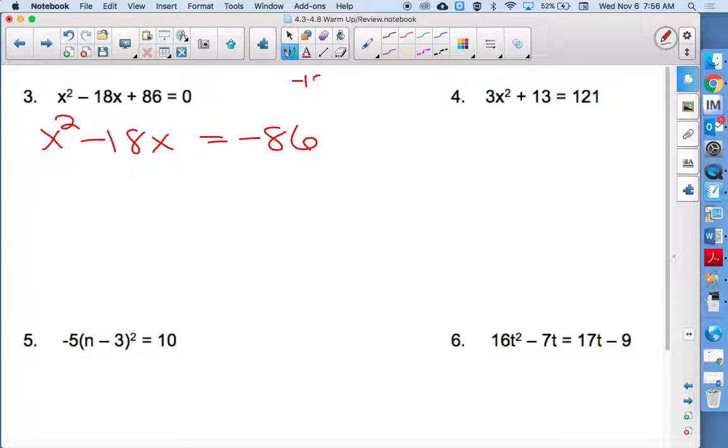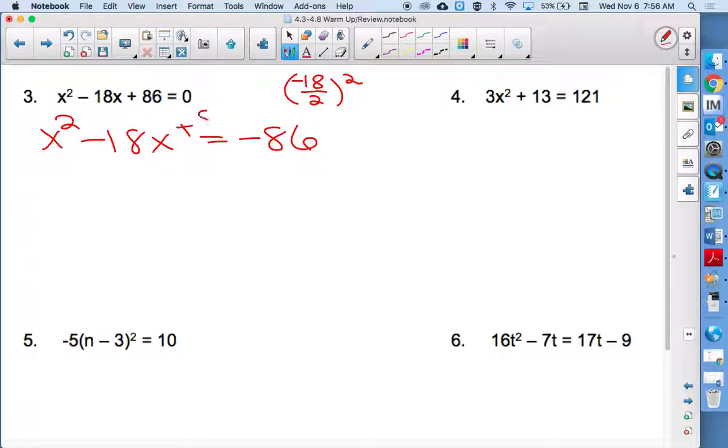So we then take b divided by 2 and square it. So, Josh, I promise I'll only pick on you one more time. Negative 18 divided by 2 squared is? So, b divided by 2 squared? 81.